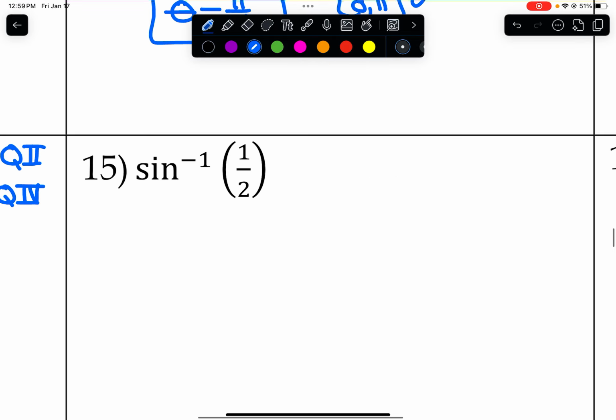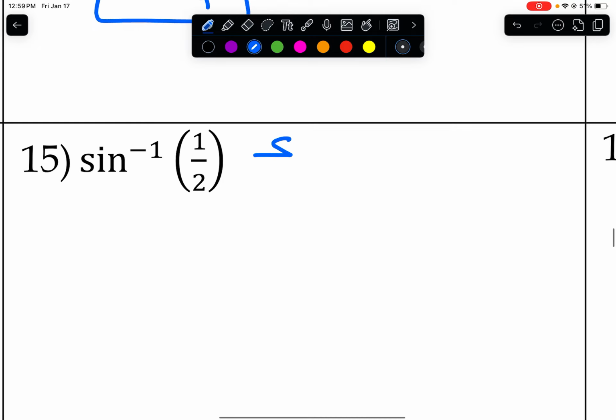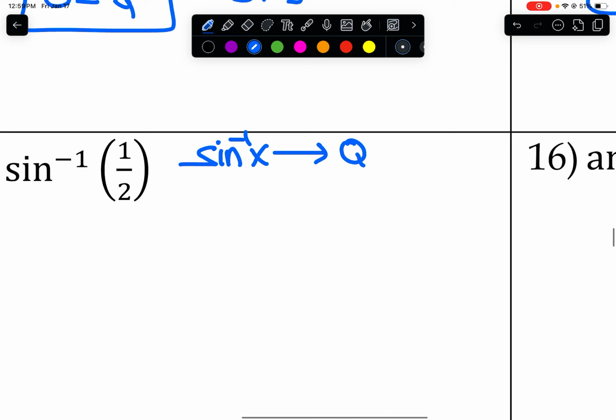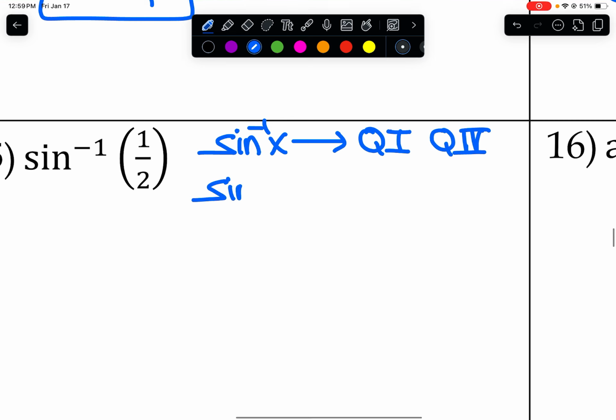All right, so I know these are kind of annoying, but it's a necessary evil. All right, so inverse sine. This is going to allow us to be in quadrant 1 or quadrant 4. And then we have a positive sine, which is going to put us in quadrant 1 and quadrant 2.